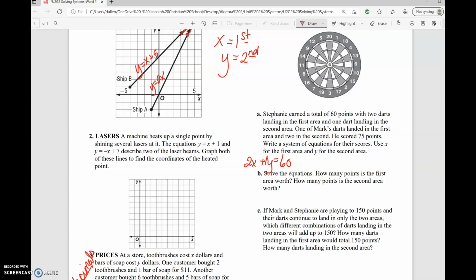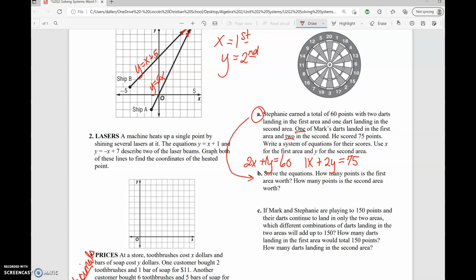And then Mark's darts: 1 landed in the first area, and 2 in the second. So first area is X, Y is my second area, and I get 75 there. So that's A answered for you.